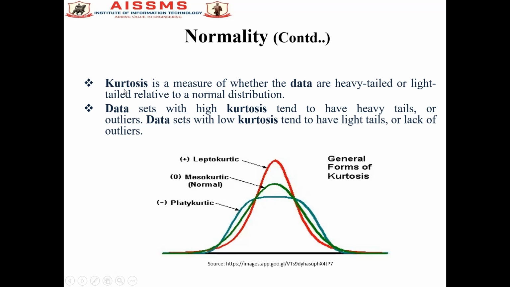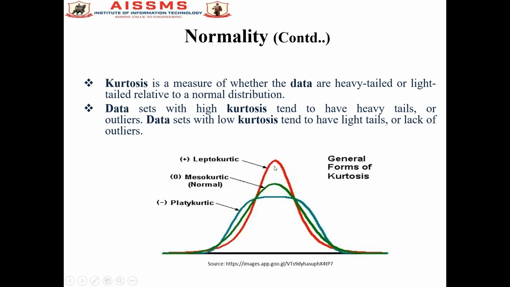Normality can also be assessed by using kurtosis. Kurtosis is a measure of whether the data are heavy tailed or light tailed relative to the normal distribution. This green curve shows the normal distribution, which is also called a mesokurtic graph. Data sets with high kurtosis tend to have heavy tails or outliers.